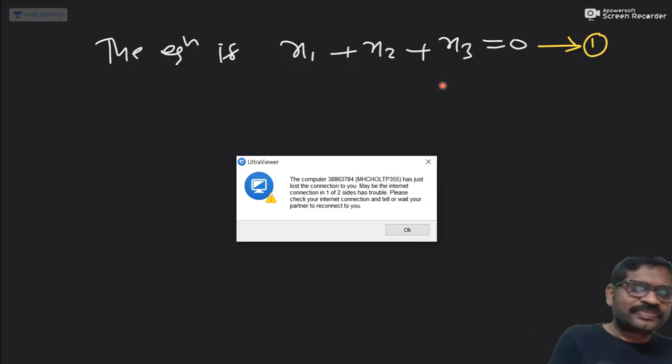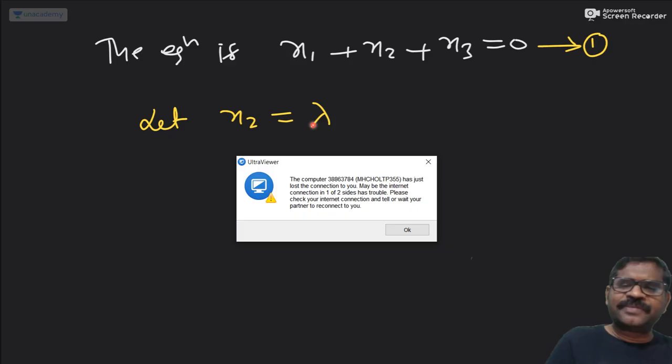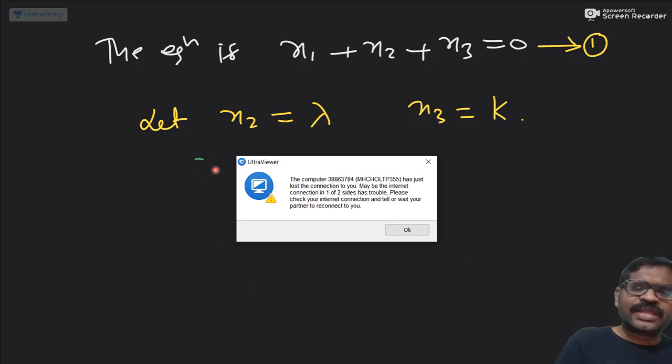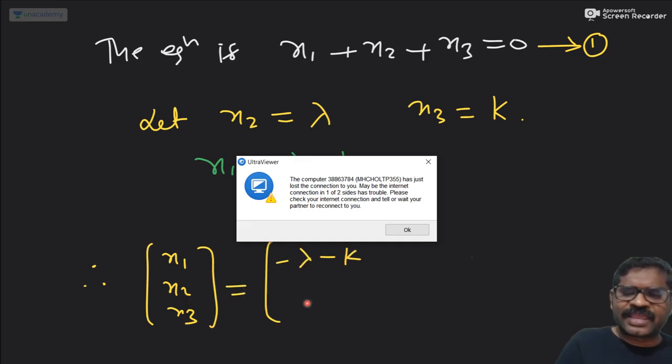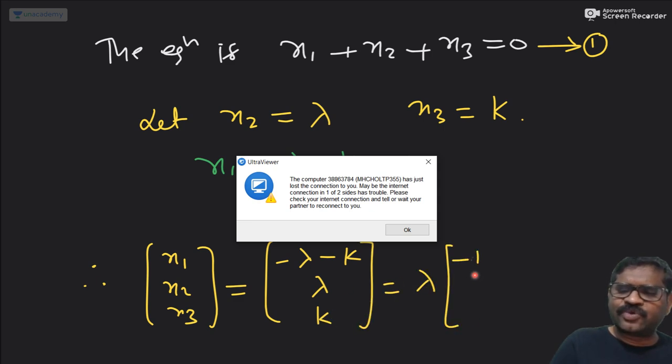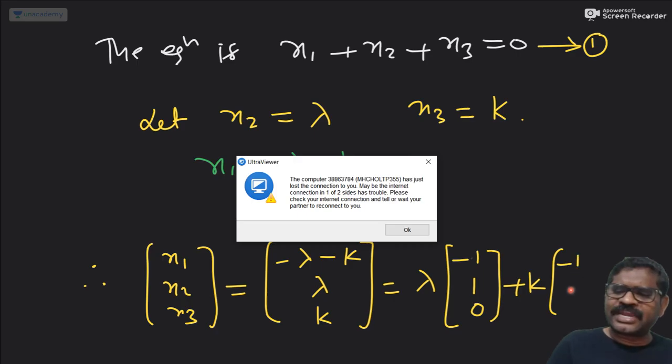Let us assume X2 equal to lambda, X3 equal to K. Now, X1 plus lambda plus K equal to 0, so X1 equals minus lambda minus K. Therefore X1, X2, X3 is minus lambda minus K, lambda, K. That can be written as lambda times minus 1, 1, 0 plus K times minus 1, 0, 1.